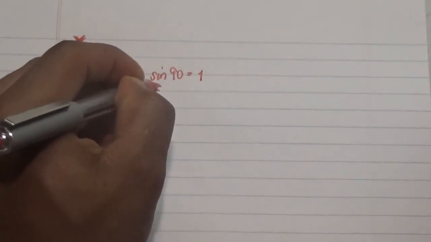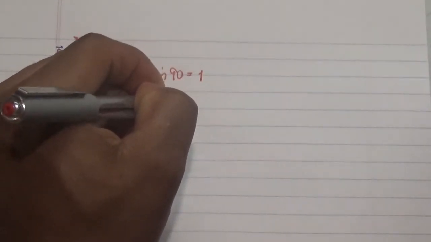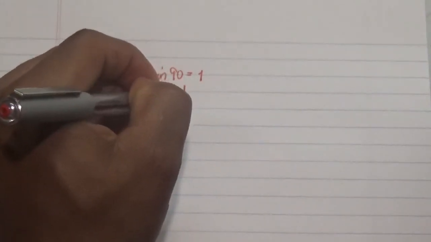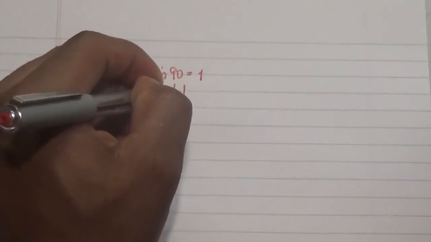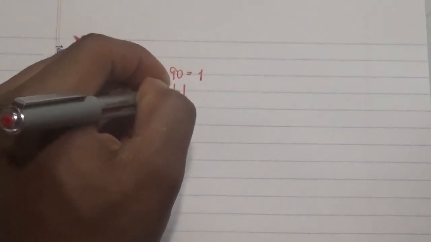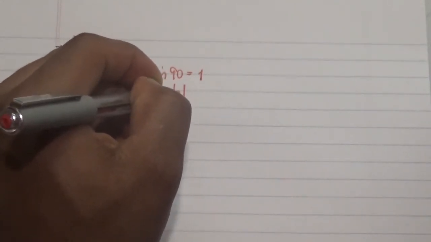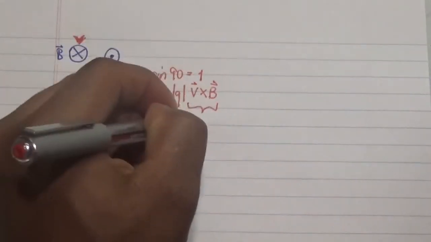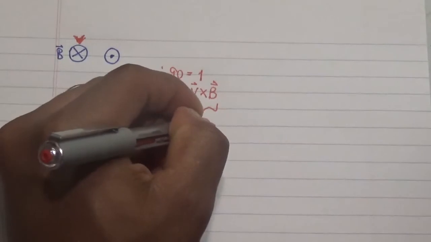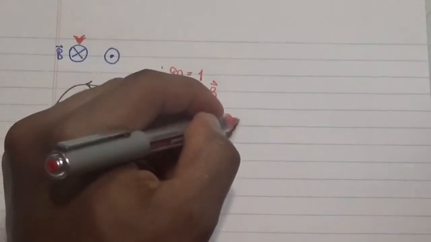If you plug this into the regular formula, where the force is equal to the absolute value of the quantity of charge multiplied by the cross product of our velocity and our magnetic field, what we get is VB sine 90 degrees.